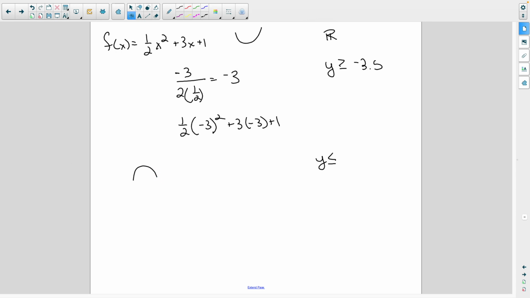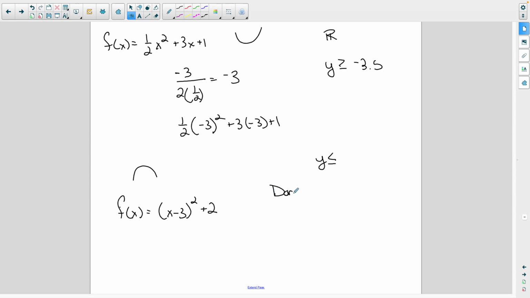Now the nice thing about this one is that it's actually already in vertex form for us, so it makes it a tad bit faster. There is something that we have to recognize. F of x equals (x minus 3) squared plus 2.